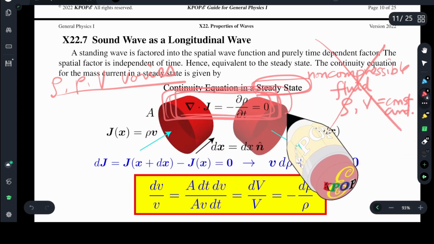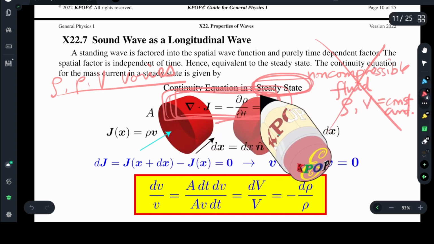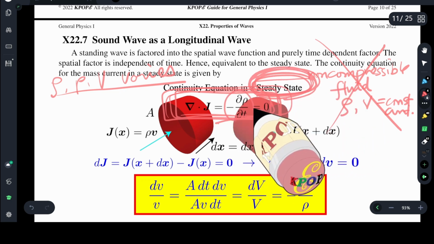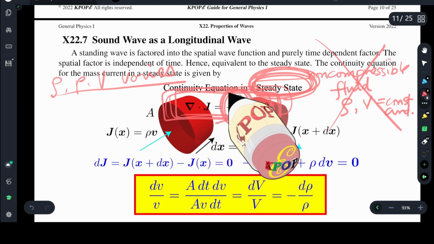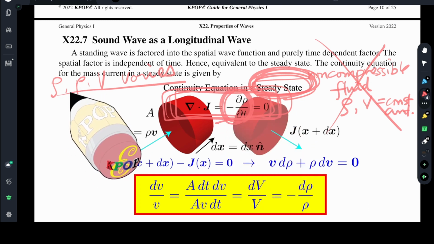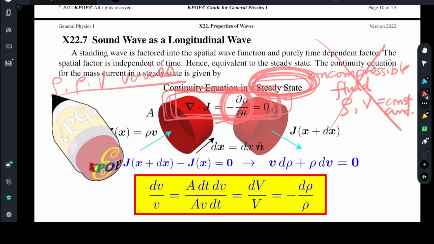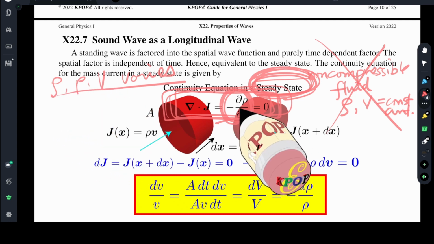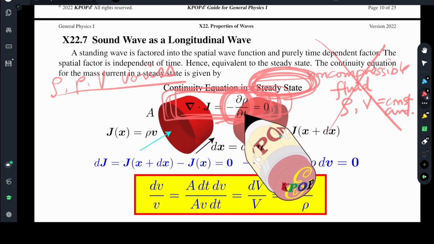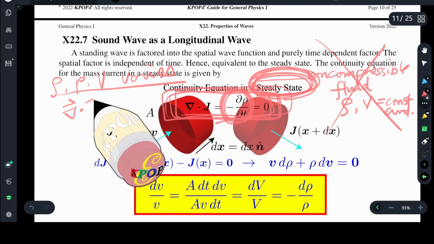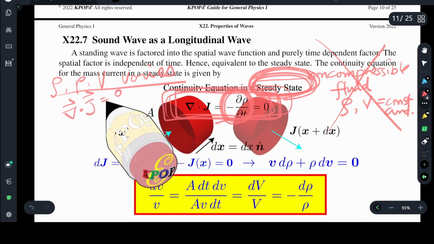It is always true, but we take the steady state limit. In that case, although the spatial dependence of density and pressure may vary, the partial time derivative of density vanishes. Still, divergence J is 0.